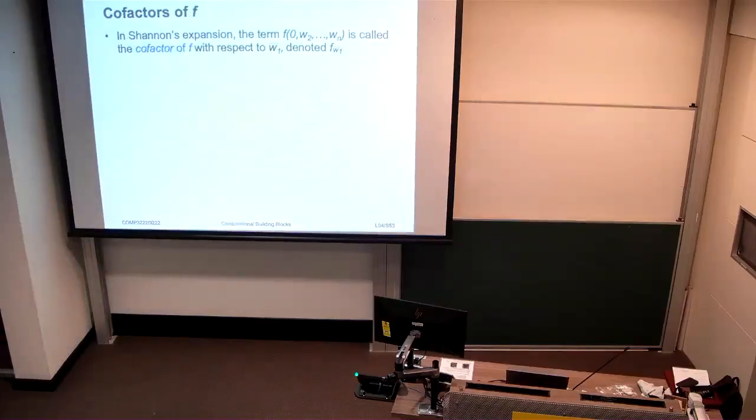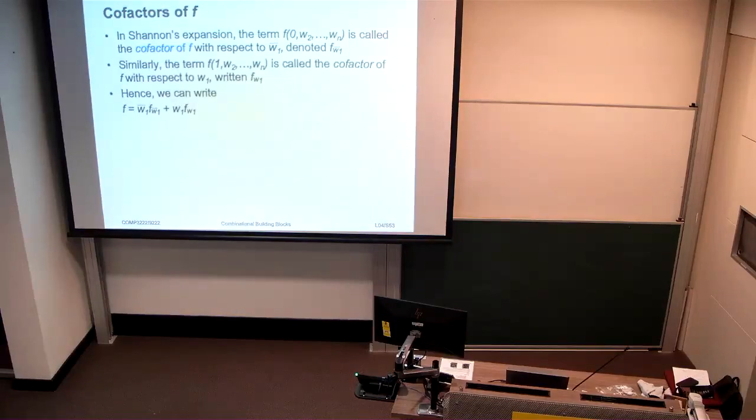Okay, so we call this residual, what's left over when we take out W1 bar, the cofactor of F. So that's just a shorthand notation for the residuals of all of those terms that involve W1 bar. Similarly, we call the term that is the residual of all of those terms that contain W1 the cofactor of F with respect to W1.